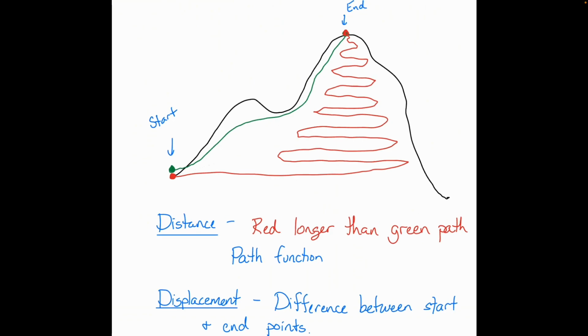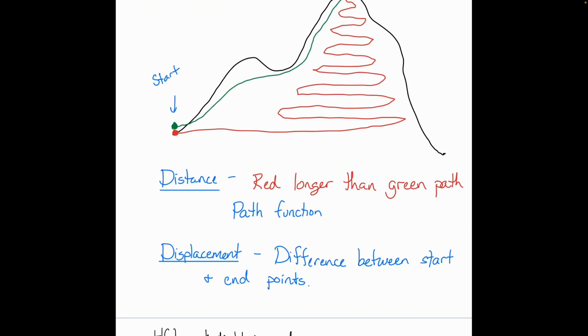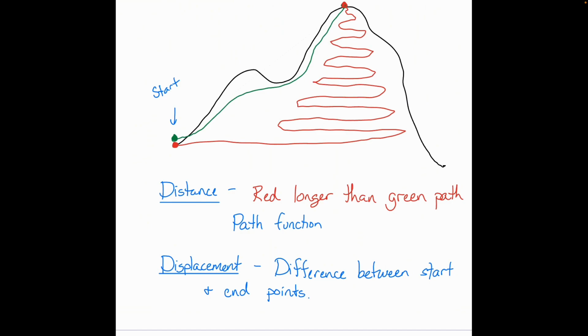And so in terms of the displacement of these two hikers, since they started in the same place and they finished in the same place, they have the same displacement. Displacement is an example of a state function. A function that depends only on where you start and where you finish.